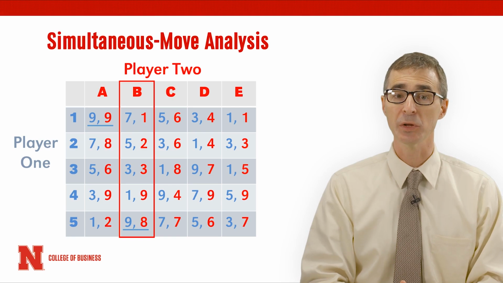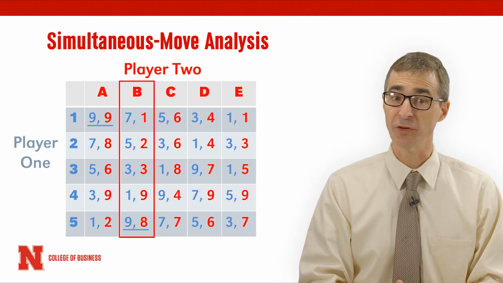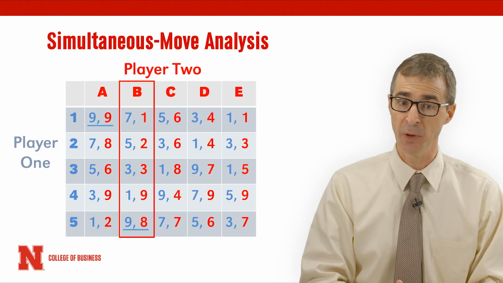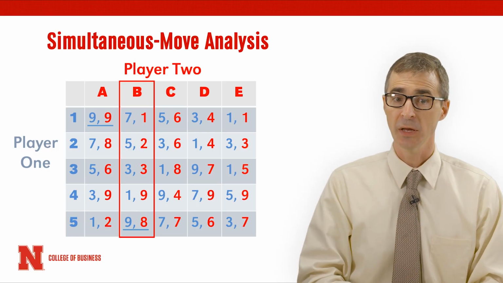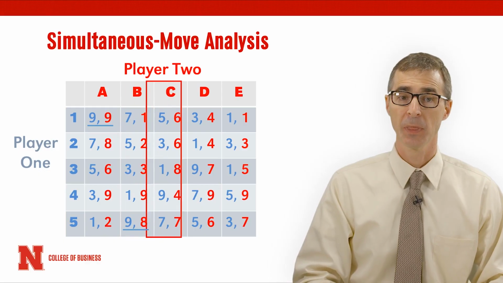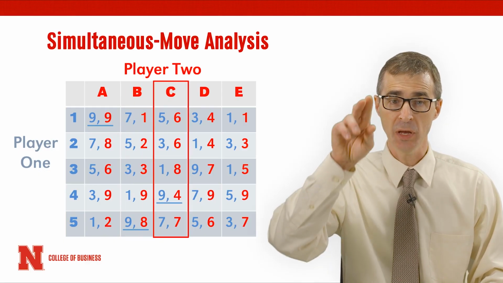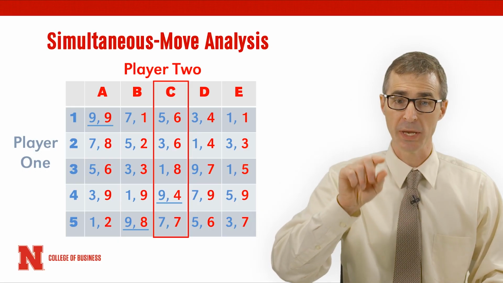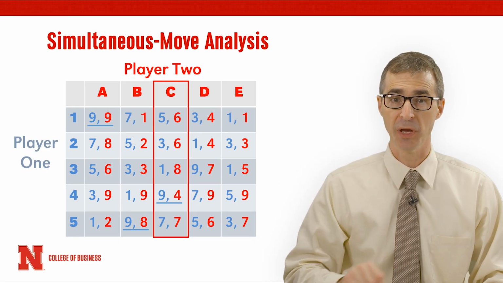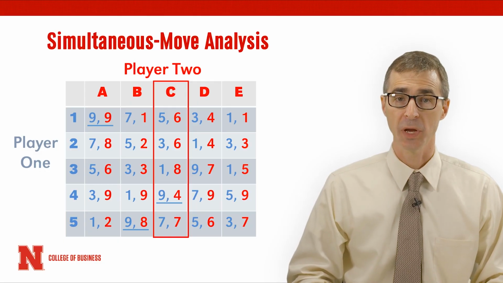So we conclude that if player 2 is pursuing strategy B, strategy 5 would be player 1's best response. We underline that cell. If player 2 is pursuing strategy C, we look down the column: 5, 3, 1, 9, 7. 9 is the highest payoff, associated with strategy 4 for player 1. We underline that.